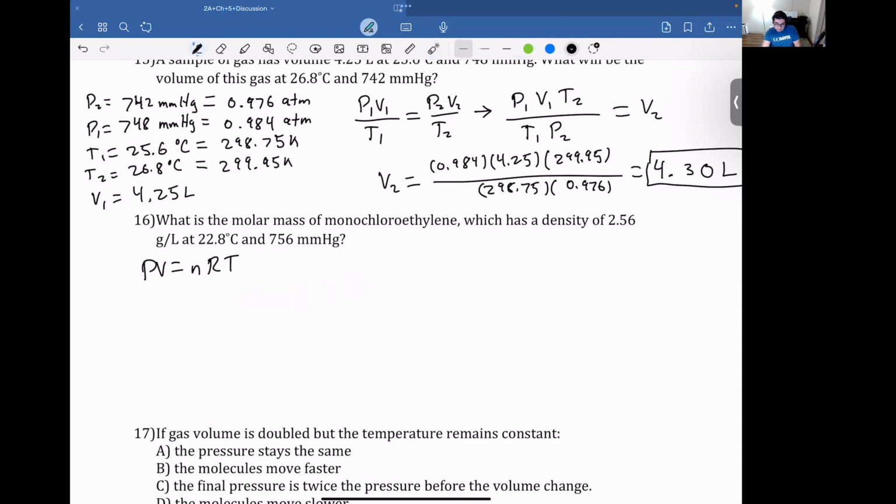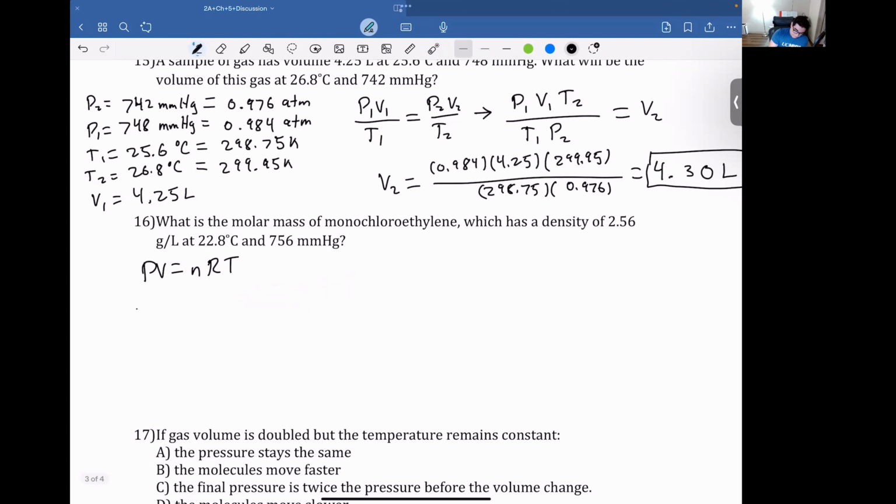So what we can do is this. We can say mass is equal to moles times molar mass. Then we get the moles is equal to mass over molar mass. Now I have a relationship that I can plug in for n that I have the molar mass for, right?